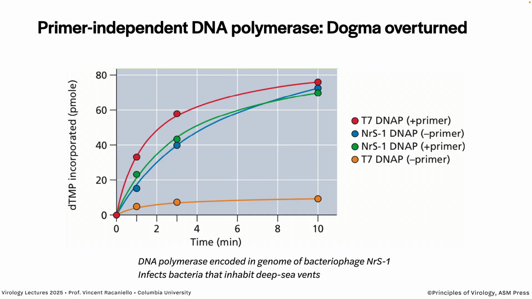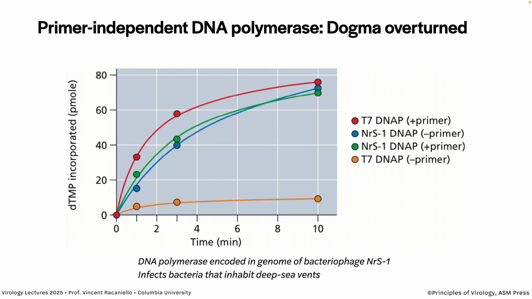And so T7 DNA polymerase is isolated from a bacteriophage. This is primer-dependent. If you do the reaction without a primer, that's the orange circles, you don't get any synthesis of DNA. If you add a primer, that's the red, then you get nice synthesis of DNA.